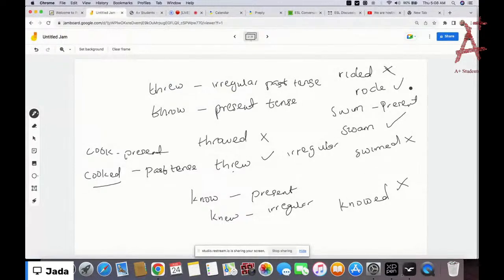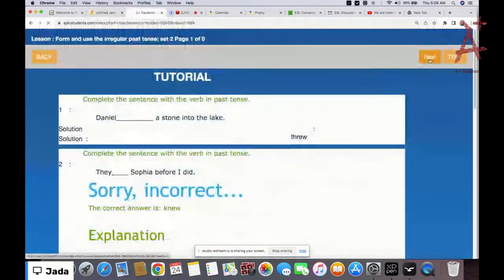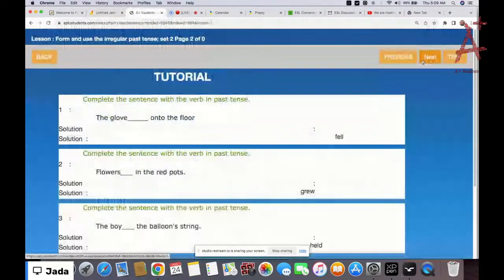Okay, so that's basically it, everybody. Now we'll move on to some more examples before we go to the test for this one. Now we have the glove dashed onto the floor. So the glove fell.